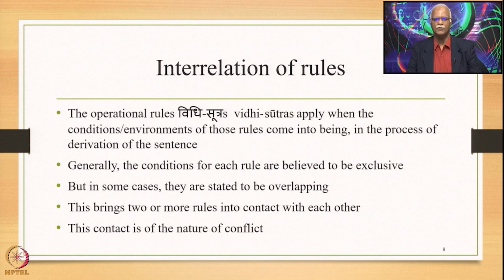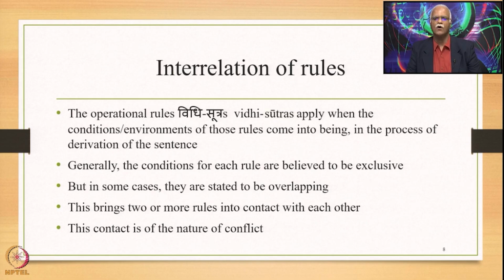The operational rules, namely the vidhi sutras, apply when the conditions or environments of those rules come into being in the process of derivation of the sentence. Generally, the conditions for each rule are believed to be exclusive, but in some cases they are stated in such a way that they overlap.